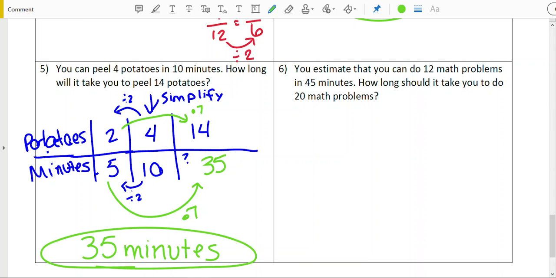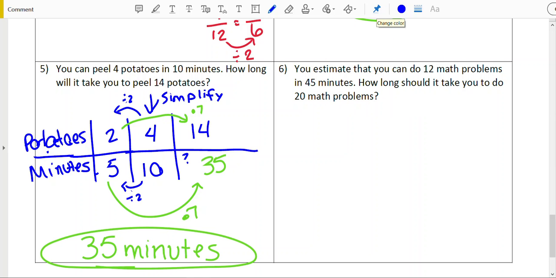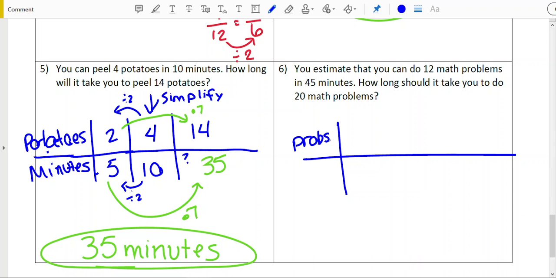And then the last problem, it says you estimate that you can do 12 math problems in 45 minutes. How long should it take you to do 20 math problems? So let's set up our table. So we can do problems in minutes.